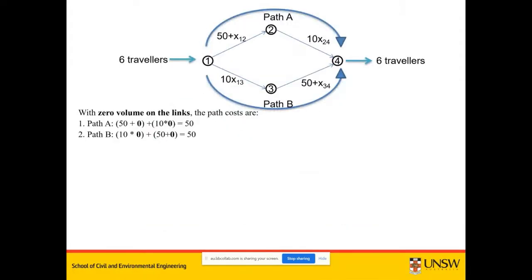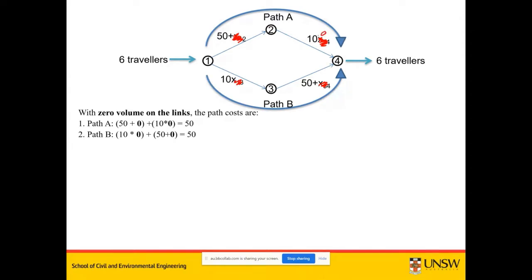One way of doing that is to start by incrementally loading the network, and that is the incremental loading method that we're covering. We say, okay, for now, let's start with nobody in the network. 0 people in the network. So this is 0, this is 0, this is 0, and this is 0.